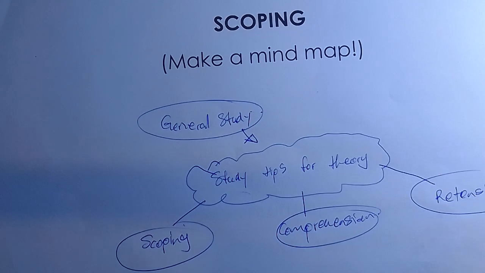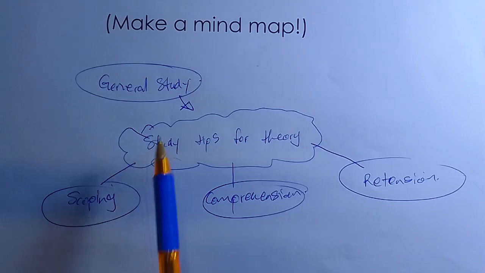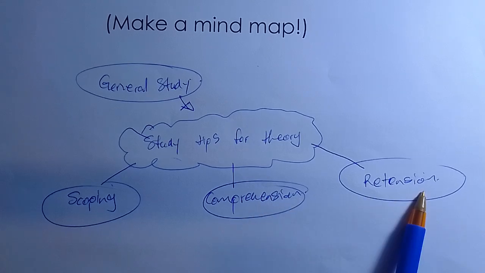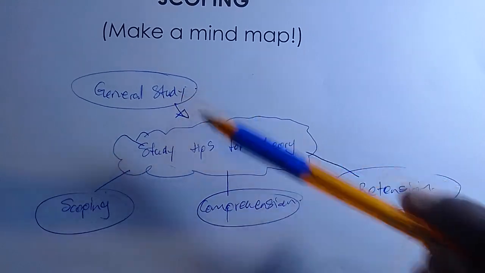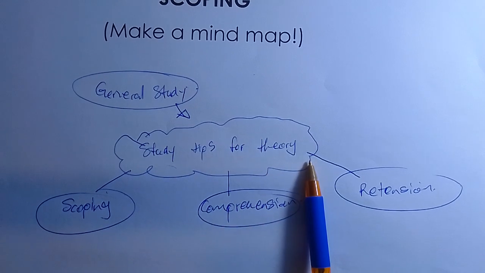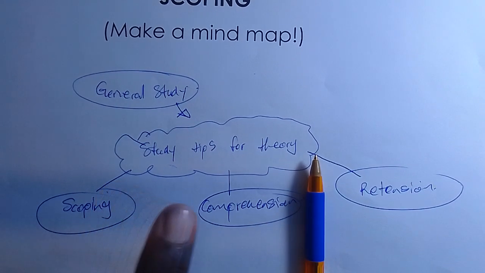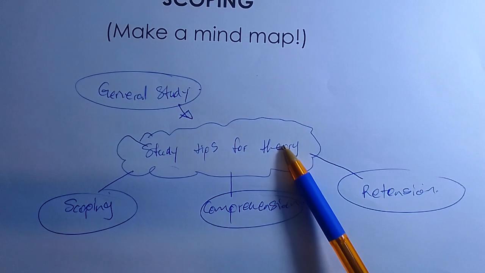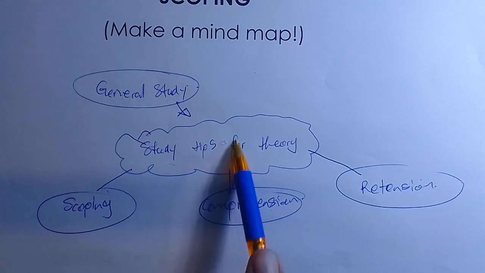It might have been written in a different way, but there was study tips for theory, which was scoping, comprehension, and retention. Notice how, even though general study tips is the head of everything, I didn't put it at the center because the head of the video was study tips for theory. So this should be at the head, but this is here because it's where this branch is from.